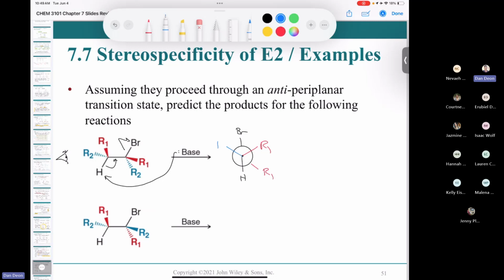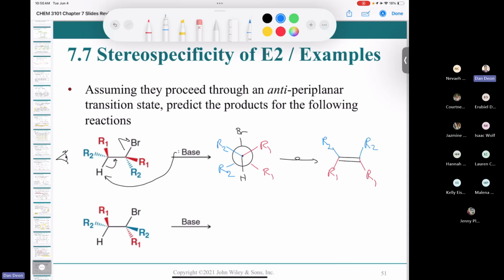I have the R2 coming over here and the R2 coming over here. So it's pretty clear that the two red R1s are going to be on the same side of the double bond. So after I do the elimination, I'm going to end up with R1 and R1 on one carbon, and on the other one, I'm going to have R2 and R2.